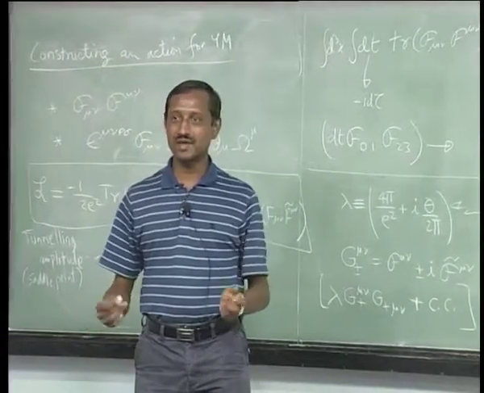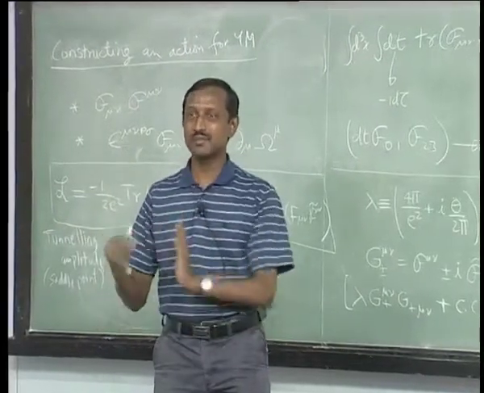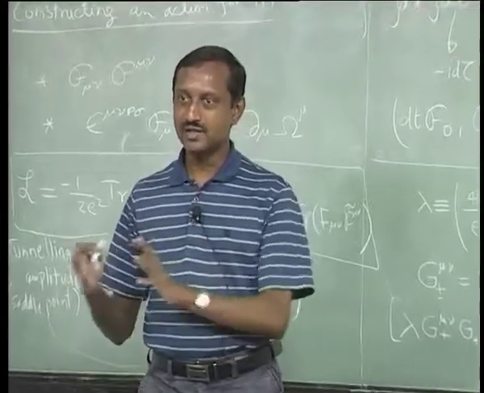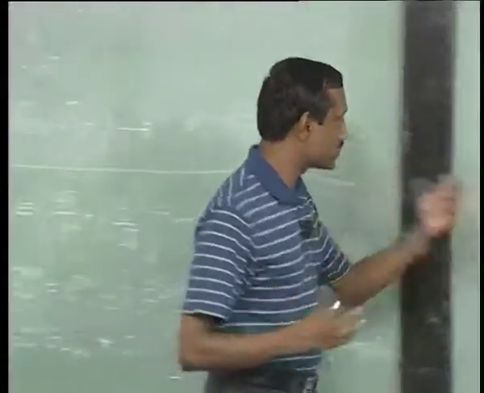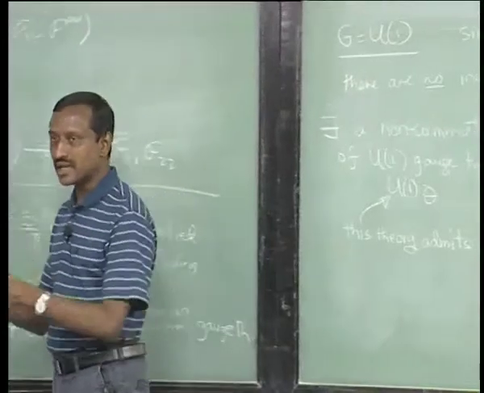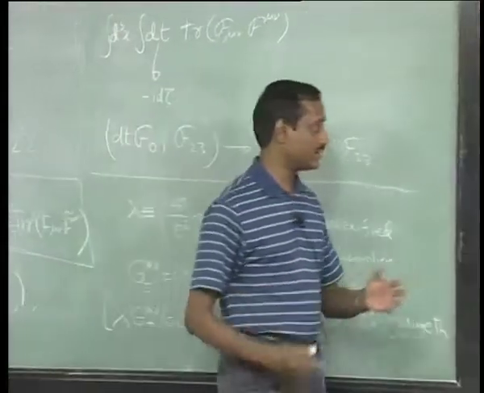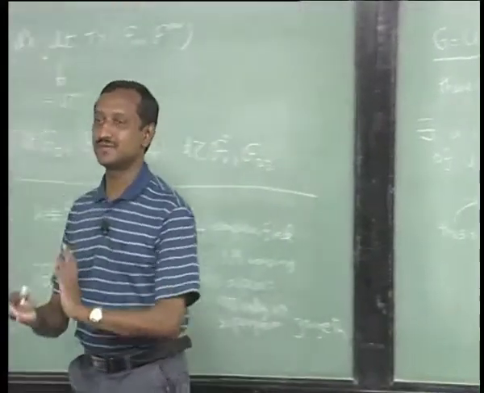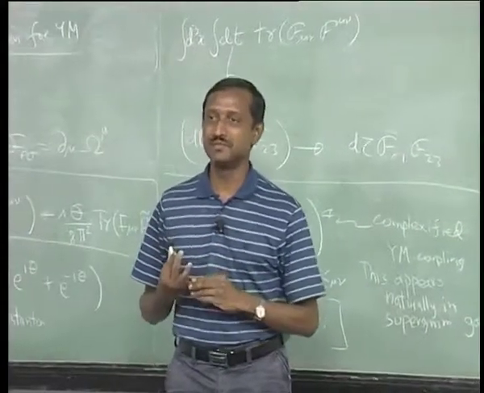There are two ways to think about it, that it is total nonsense, and the persons who proposed it took quite a bit of flak until it was realized that there is a slight deformation. Once you do that, the theta theory has instantons, and it resolved a very important puzzle.